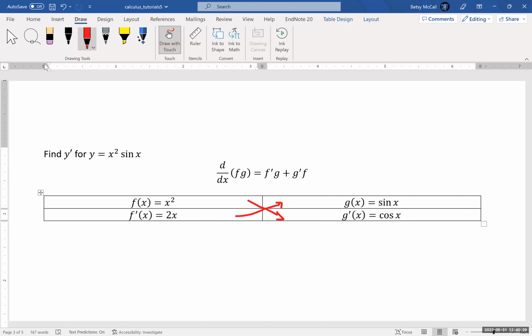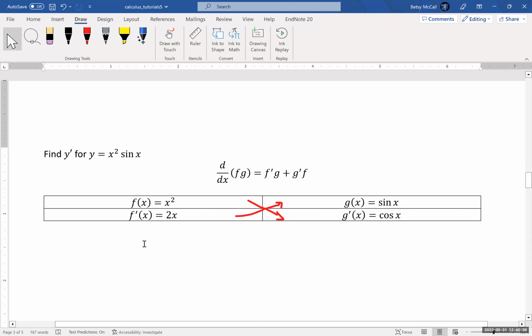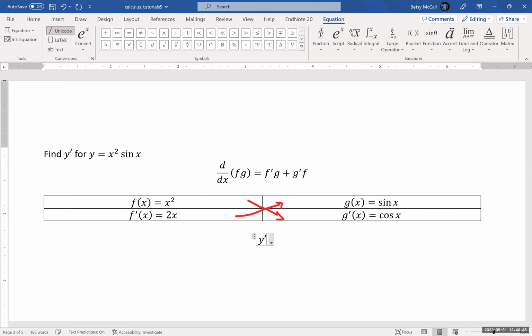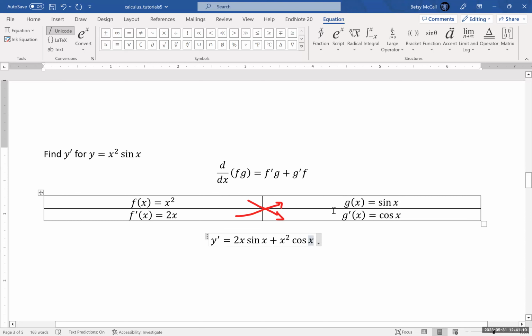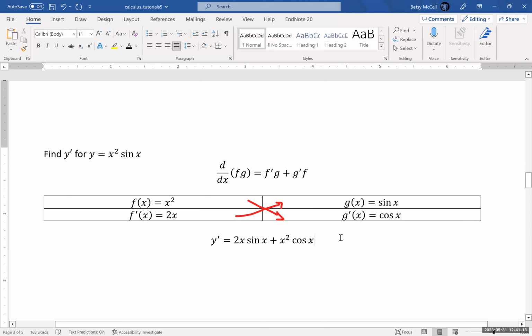So that will combine our f prime with our g and our f with our g prime. Now, because these are added together, it doesn't matter which order we present them in. So y prime is going to be, but I'm going to follow the formula, 2x times sine x, that's my bad, and then x squared cosine x. So 2x times sine x plus x squared times cosine x, and we get our product.